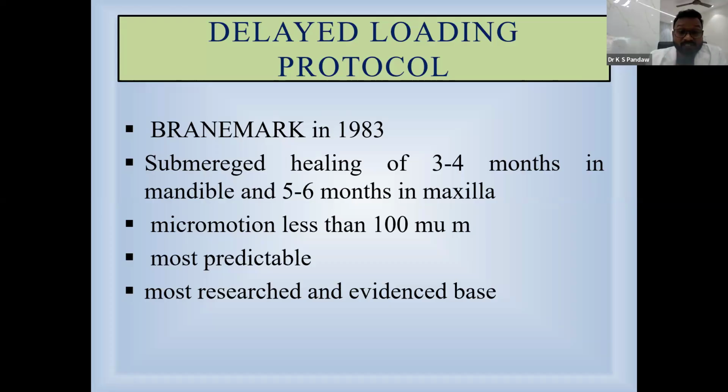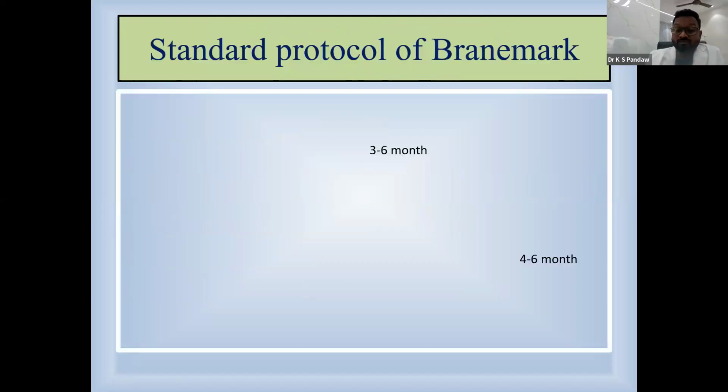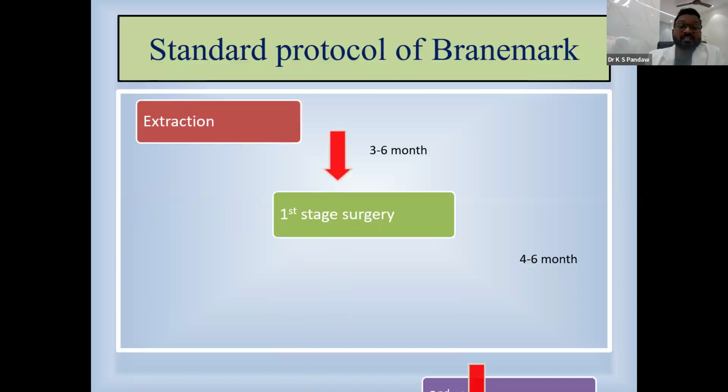So for that we have to submerge the implant, and it is the most predictable, most researched, and most evidence-based way: the conventional delayed loading implants. So we place the implant and wait 3 to 6 months for the mandible and 4 to 6 months for the maxilla.